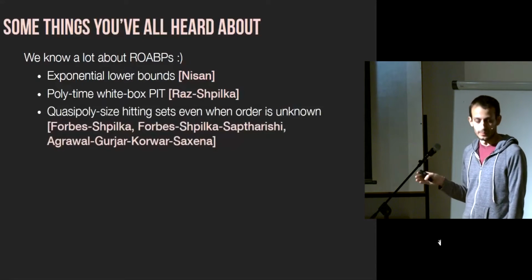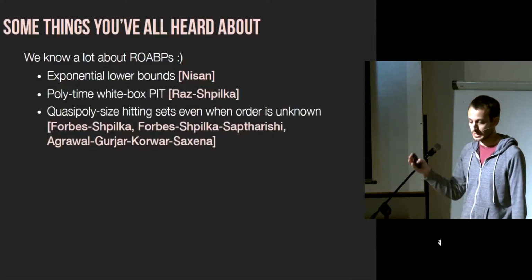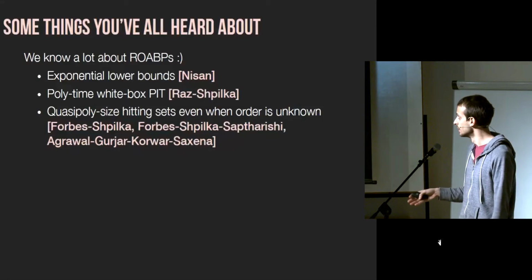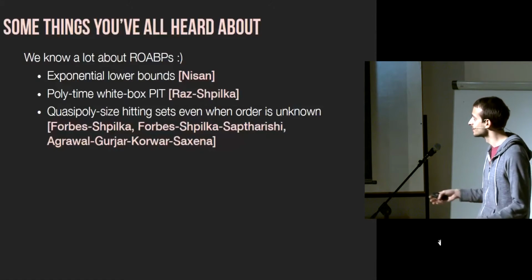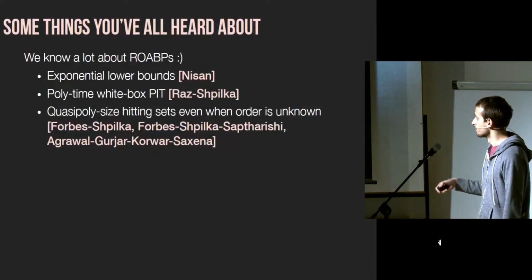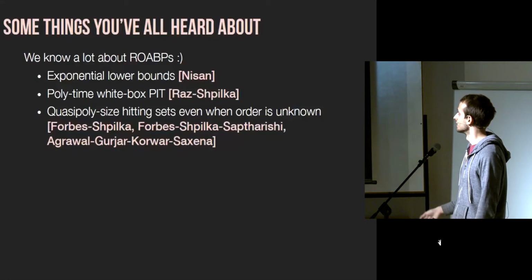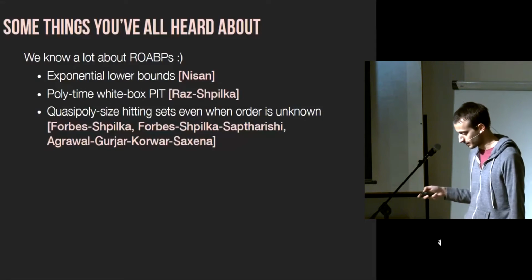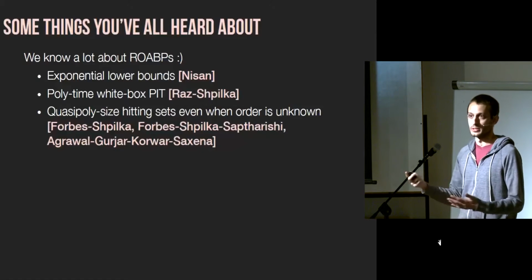There is a sequence of papers on quasi-polynomial size hitting sets. So in the black box, we know quasi-polynomial time, which is not polynomial time, but it's not far. This is the work of Michael and Amir, and then with Ramprasad, and then Agrawal, Gurjar, Korwar, and Saxena that gave quasi-polynomial, and you don't even have to know the order.